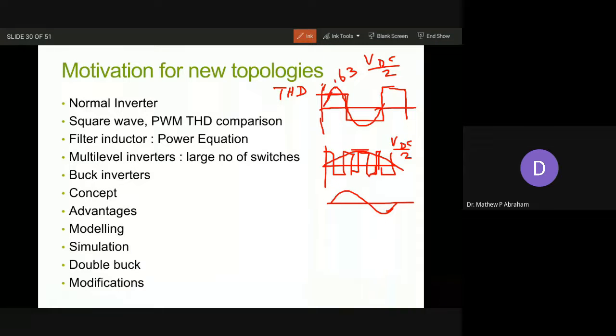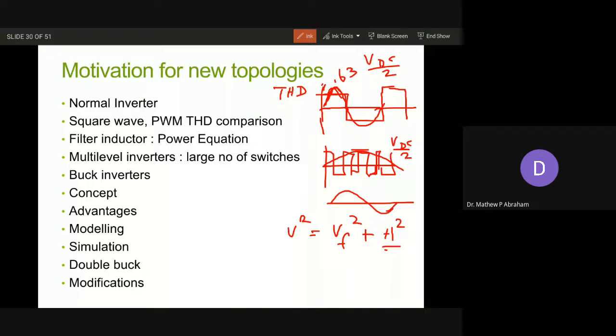More fundamental value. If more fundamental value, the rest is harmonics, right? Total RMS square is the fundamental square plus harmonic square. So if we have more fundamental, less harmonics.